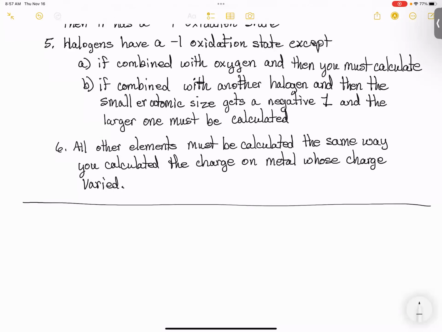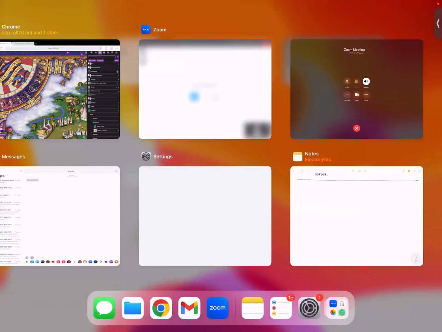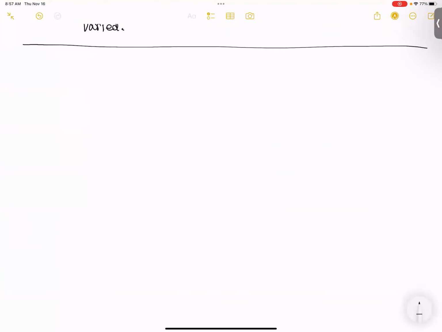So let's apply this to that single displacement reaction we've been working on, with the magnesium solid reacting with 2 hydrochloric acids to form magnesium chloride aqueous plus hydrogen gas.